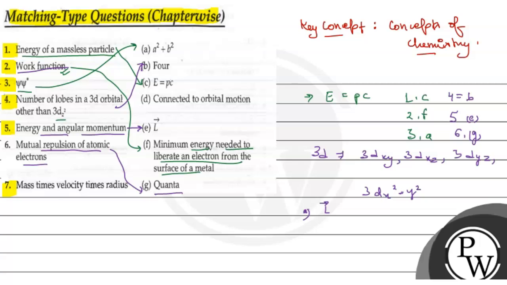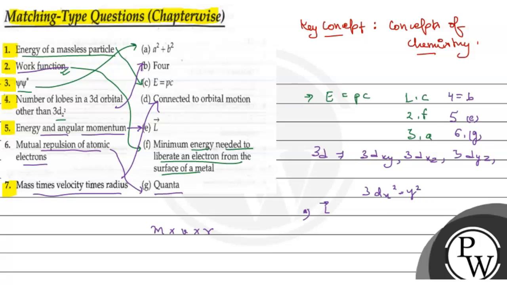Then we have option number 7 which says mass into velocity into radius, right? So it is basically connected to orbital motion that represents angular momentum of an electron by Bohr, right?